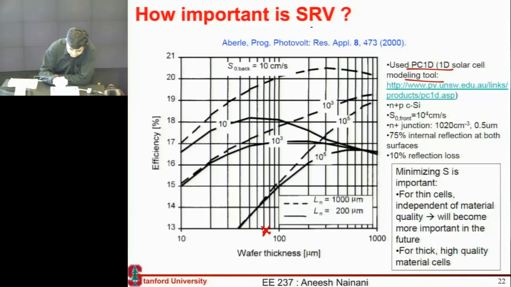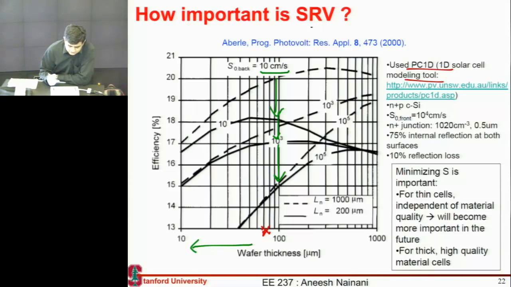So you see that for a cell which is, let's say, 100 microns, if I increase my surface recombination velocity from 10 to 1000 to 100,000, my efficiency falls from, say, 20 to 15%. Okay. But if you would go back to that same simulation you did and just change the thickness of your cell from hundreds of microns to make it much thinner.